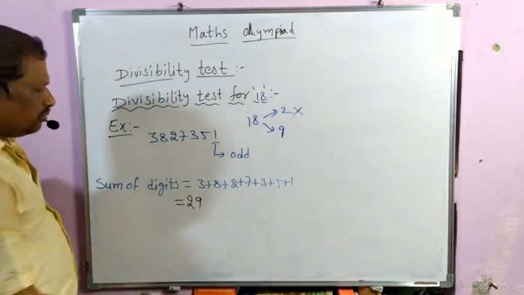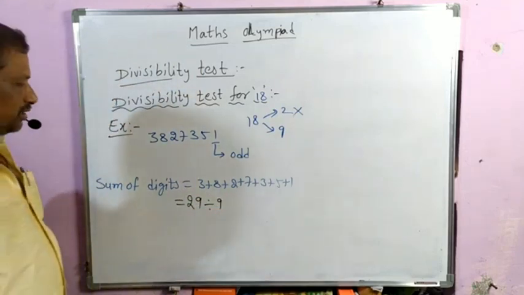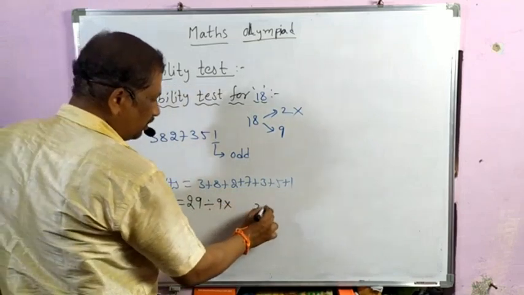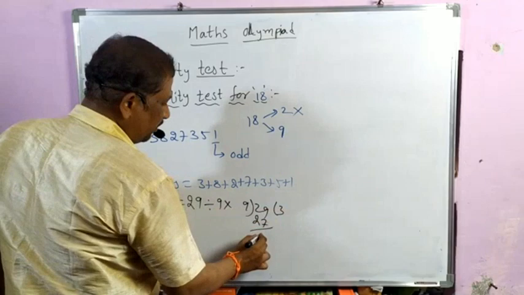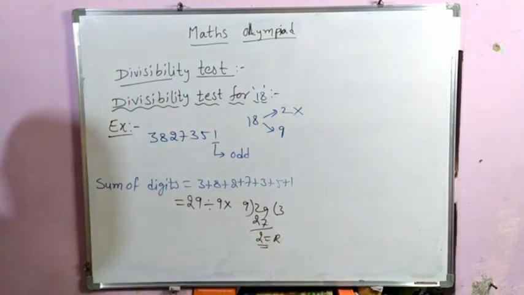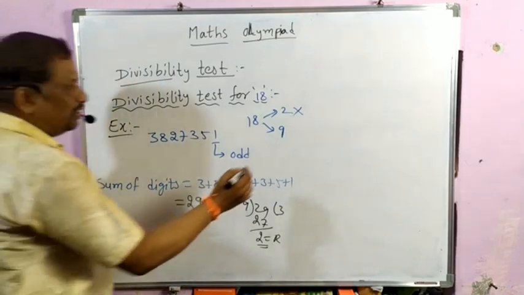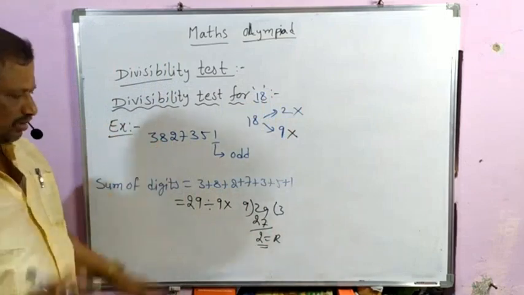Is 29 divisible by 9? No, it is not divisible by 9, because 9 threes are 27, and the remainder is 2. So it is not divisible by 9. Since it is not divisible by 9 as well as 2, the given number is not divisible by 18.